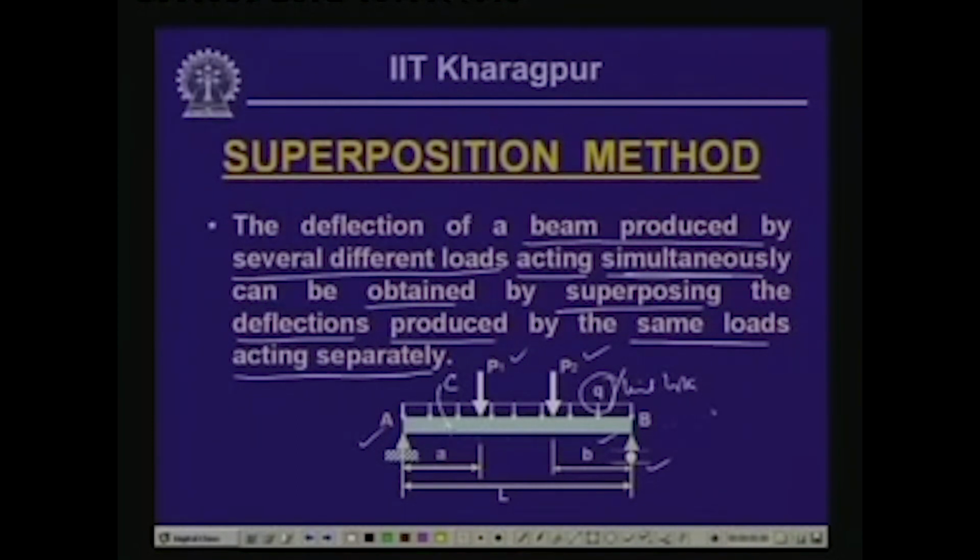If we want to find the deflection delta at C, we can employ the governing differential equation, which is EI d2y/dx2 equals the moment. Based on this loading, we can divide the whole beam into three segments. Segment 1 is from here to here, just on the left-hand side of this concentrated load. Segment 2 is from A to L minus B, and the third segment is after this loading to the end.